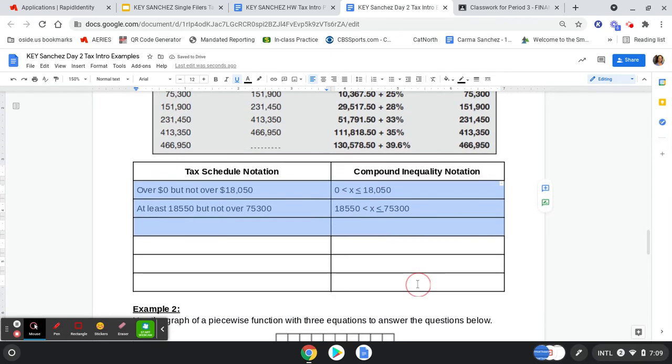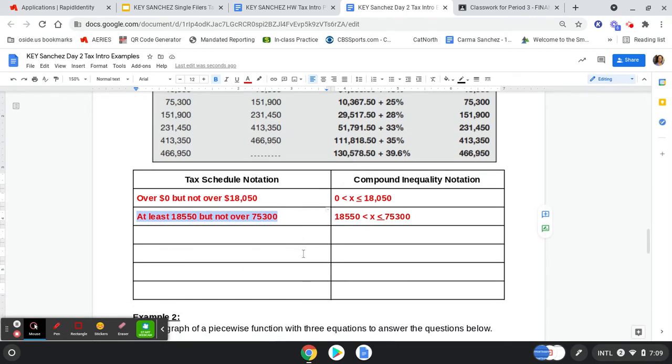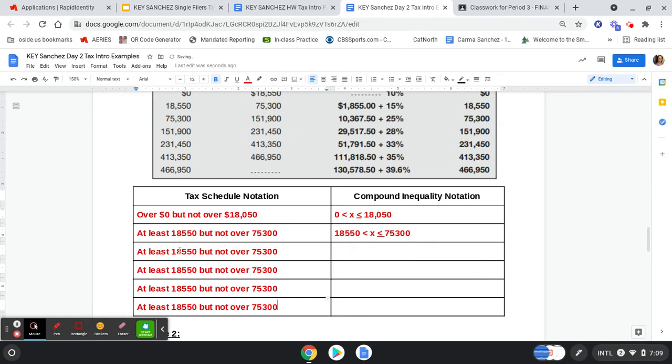And then keep doing that for every line here. So from 7,500 to 151, I'm just going to copy and paste this whole "at least" thing in there and just change the numbers.